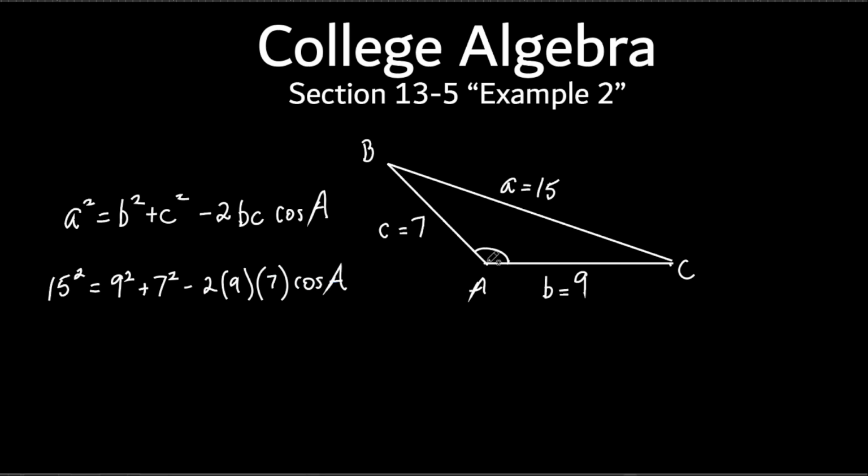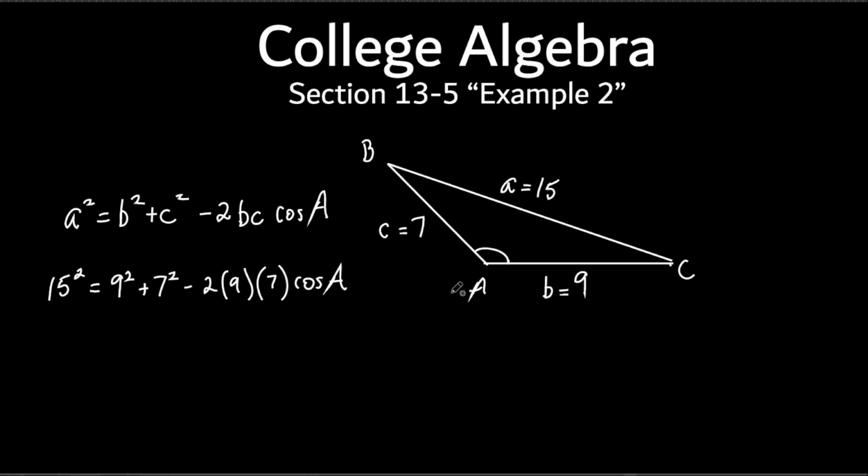No, the cosine of A. A is the angle, okay? The capital A is the angle. We already used the lowercase a, which is the side, right? We already used the 15 over here. Everybody got that?